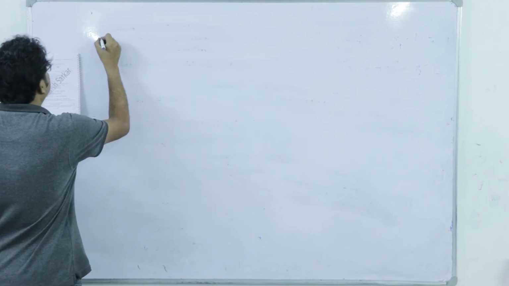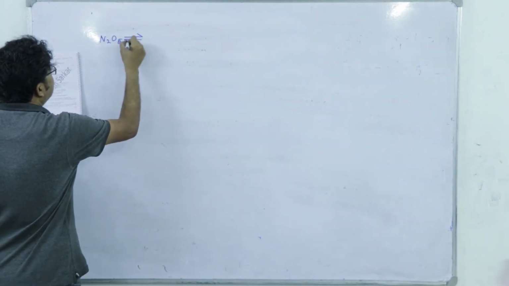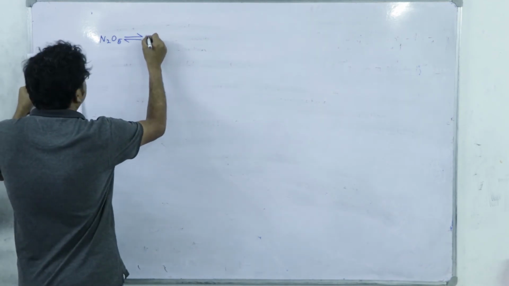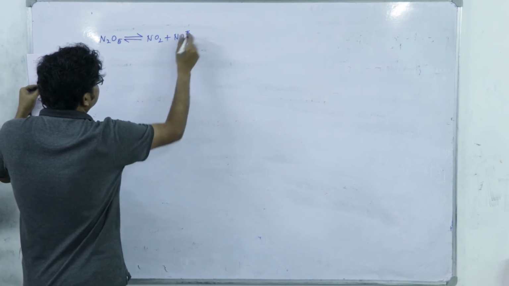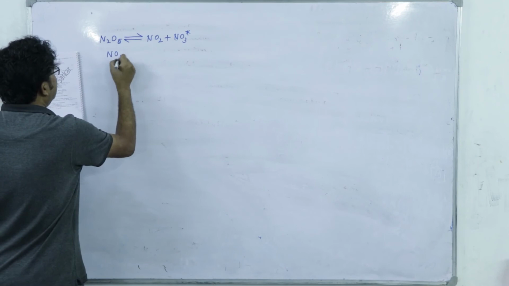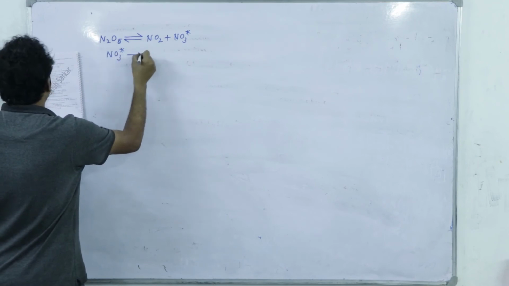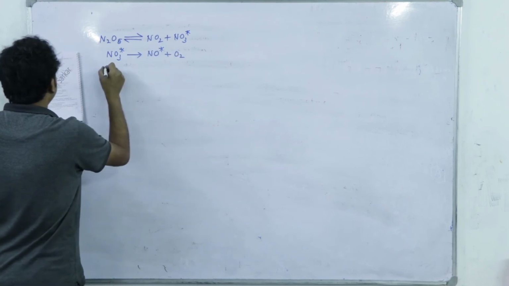This is given in the problem statement, that N2O5 gives you NO2 plus NO3 star. So, this is active intermediate. NO3 star gives you NO star plus O2.